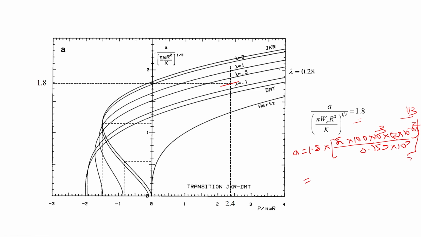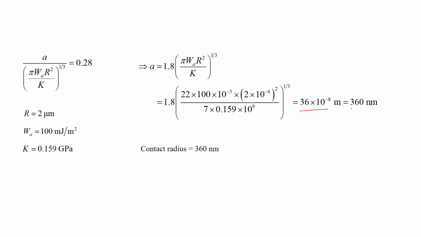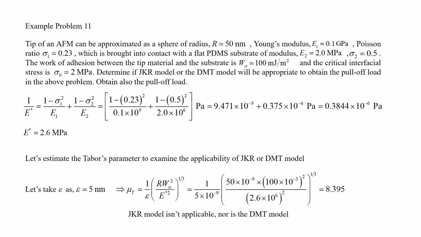So, this is in meter by the way. So, what we get finally is 3.36 times 10 to the power minus 8, so 360 nanometer. So, the contact radius will be about 360 nanometer under this particular load, right. So, this is the way one can use this Maugis theory to estimate the radius of the contact that will be formed.